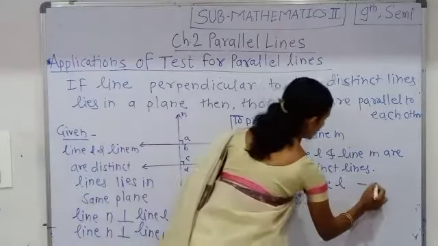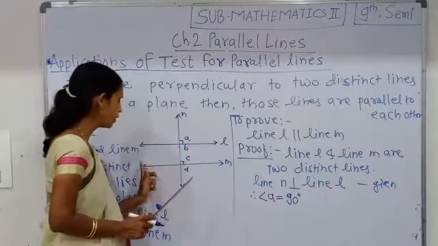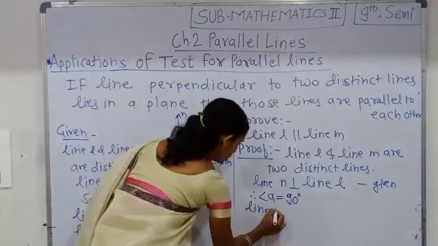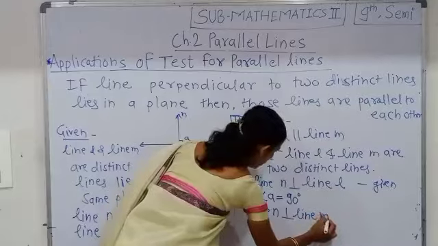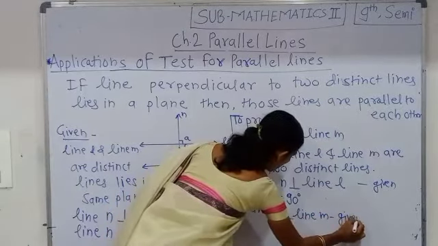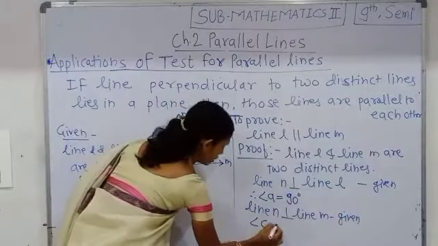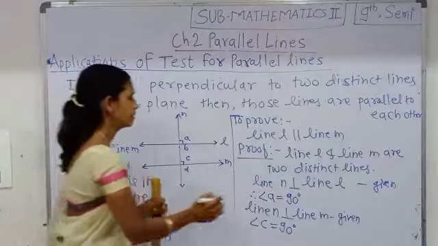That is given, as well as line N perpendicular to line M. Therefore angle C is also 90 degrees.